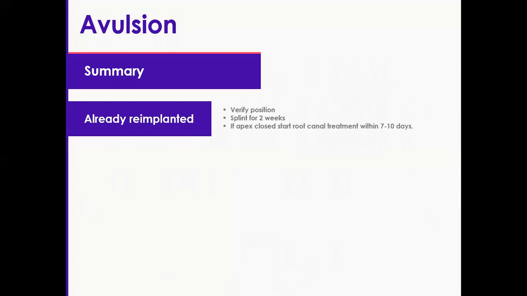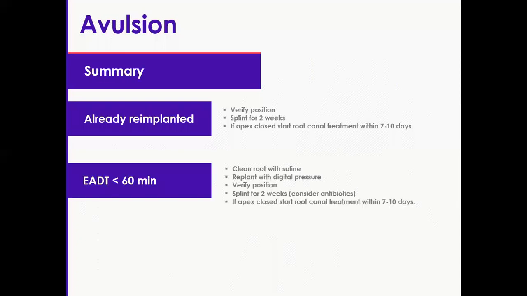The best way to do it is by comparing it to the neighboring teeth. If dry time is less than an hour, clean the root with saline, handle by the crown, replant, check the X-ray to make sure that the position is correct, splint for 2 weeks, consider antibiotics, and if apex is closed, root canal as soon as possible.